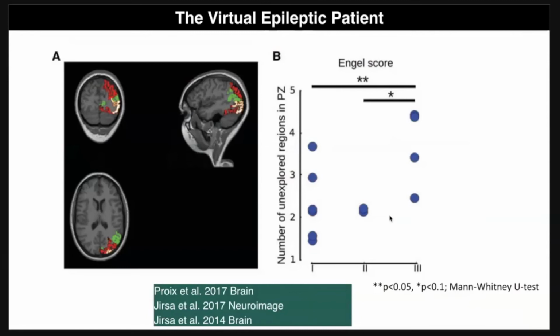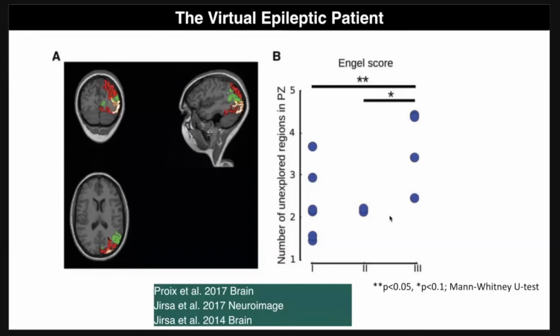On the right side, you see now the outcome for, I think, 16 individual patients. Each dot represents one patient with epilepsy. The x-axis shows the Engel score, the clinical score after surgery, indicating the degree of improvement. And the y-axis shows the divergence between the predictions of the human expert team and the computer model.